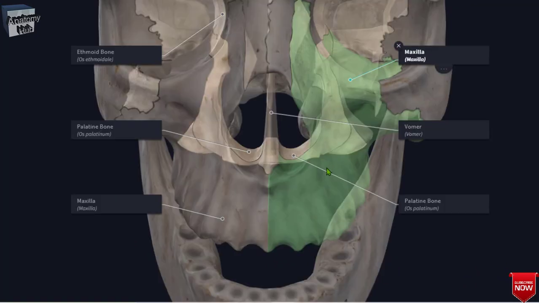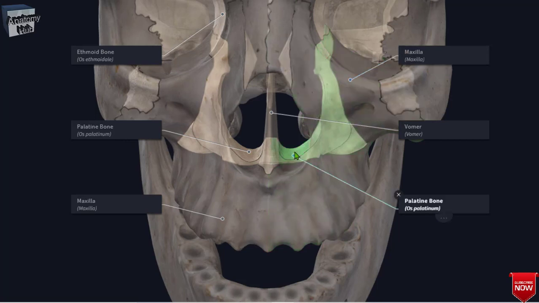Now we'll see the articulations over here. So as you know, this is your maxilla. So the maxilla articulates with the palatine bone. Okay. So here you can see the palatine bone, the transverse plate of the palatine bone and the perpendicular plate of the palatine bone.